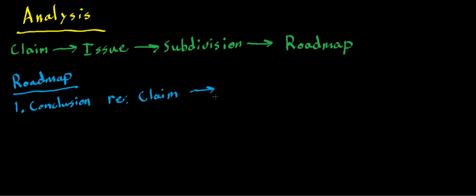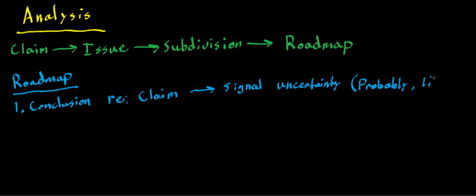And in addition to this, you also want to signal uncertainty. Okay, and so that usually means either probably, or if you're more certain, then likely. Okay, and so you want to include one of these signals in your conclusion.